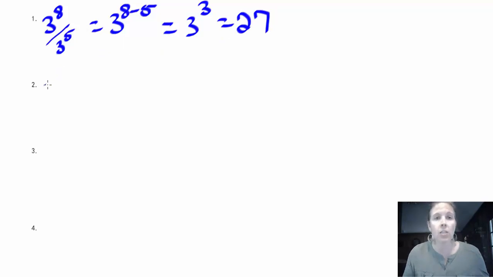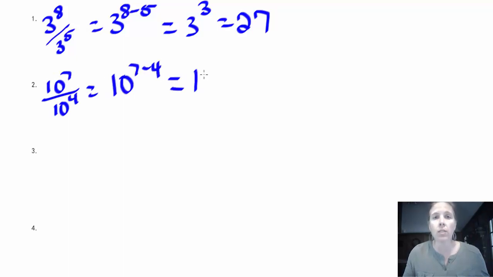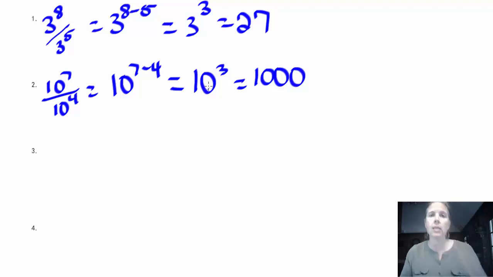Next, 10 to the 7th over 10 to the 4th. Again, it's 10 to the 7 minus 4, which is 10 cubed, which is 1,000. Remember, 10 taken to any power is just that many zeros.